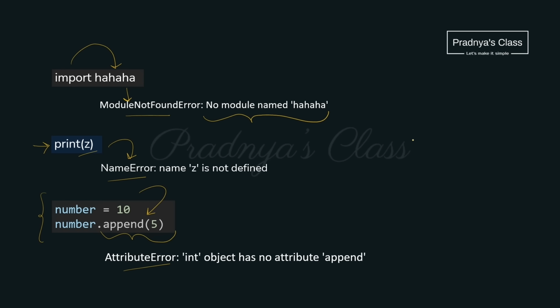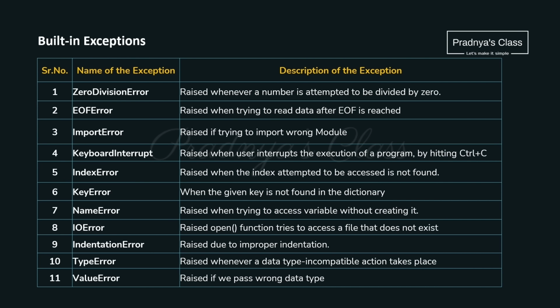So here are some of the examples of exception. Look at the list of the built-in exceptions. We already discussed some of the exceptions from this list. This exception zero division error will fire when we will try to divide a number by 0. If you will try to import wrong module, you will get import error. If the specified index doesn't exist and you will try to access it, you will get index error.